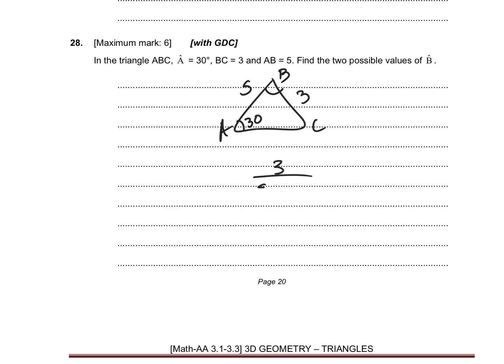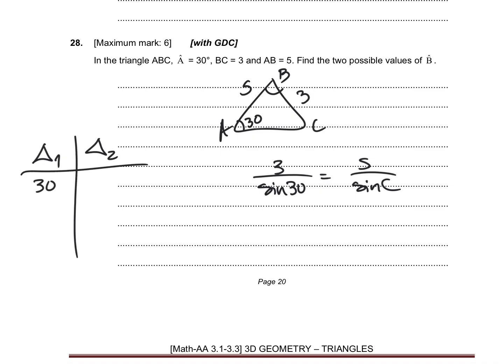So we've got 3 over sine 30 equals 5 over sine C. So, and we're going to have triangle 1 and 2, and 30's the given angle. Okay, so we get C is 56.4, which goes here. And we do 180 minus that thing, which is 123.6.